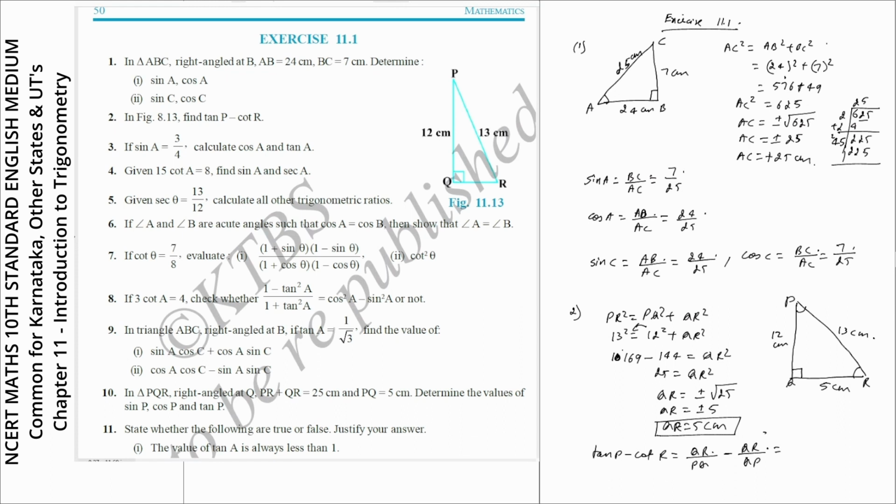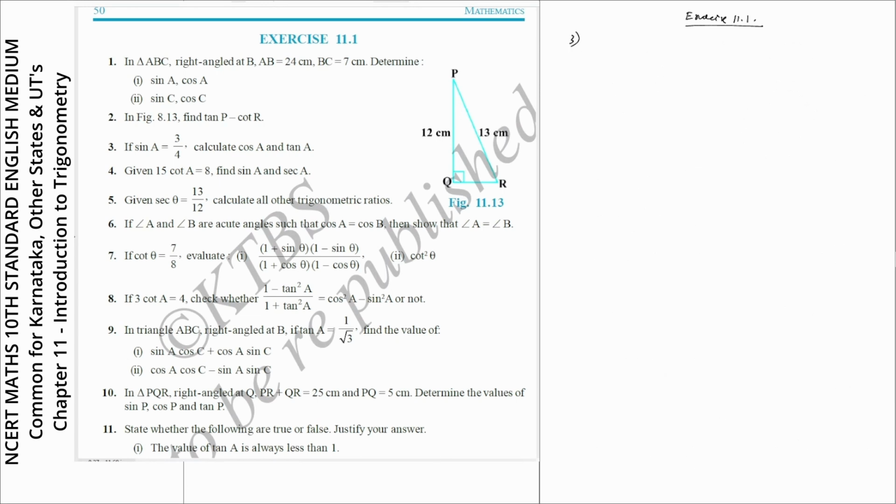So this is equal to QR by PQ. QR is 5, PQ is 12. So 5 by 12 minus 5 by 12, I will get 0.